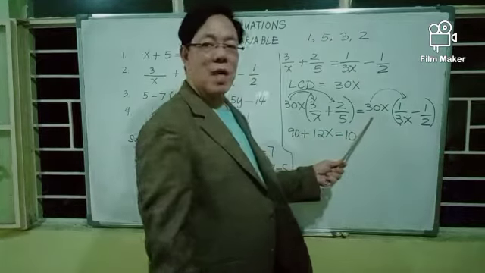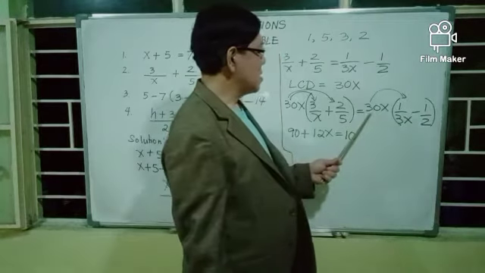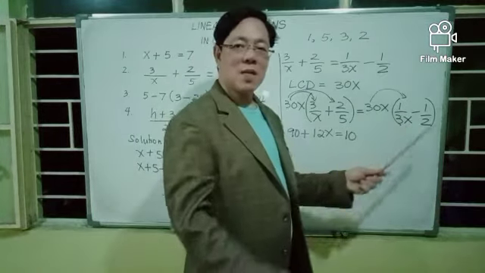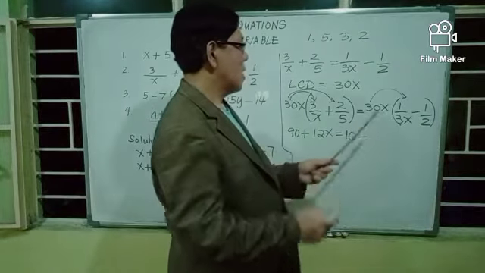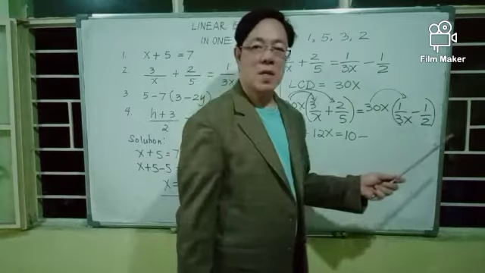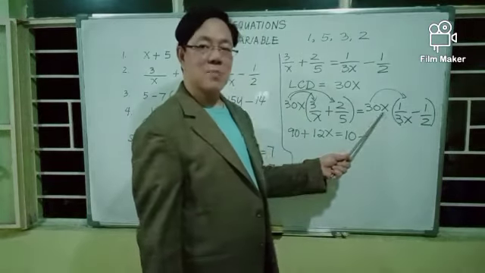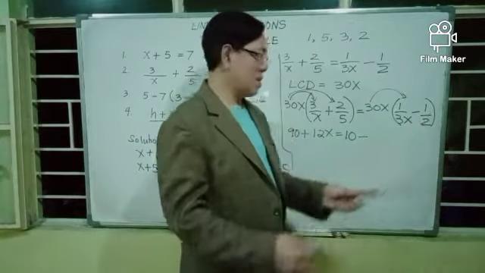We also multiply 30x by negative 1/2, and positive multiplied by negative is negative. And 30 divided by 2 is 15, multiplied by x is 15x, multiplied by 1 is 15x.